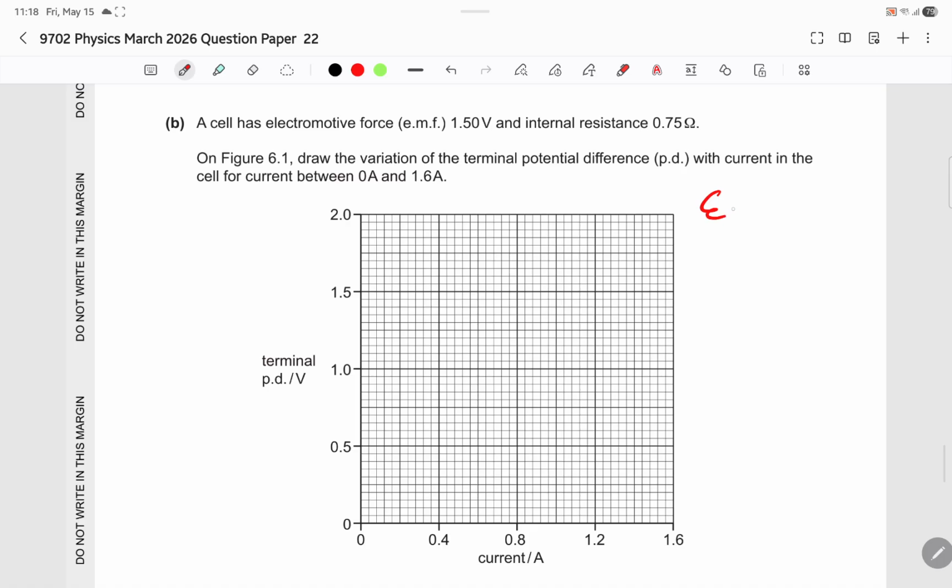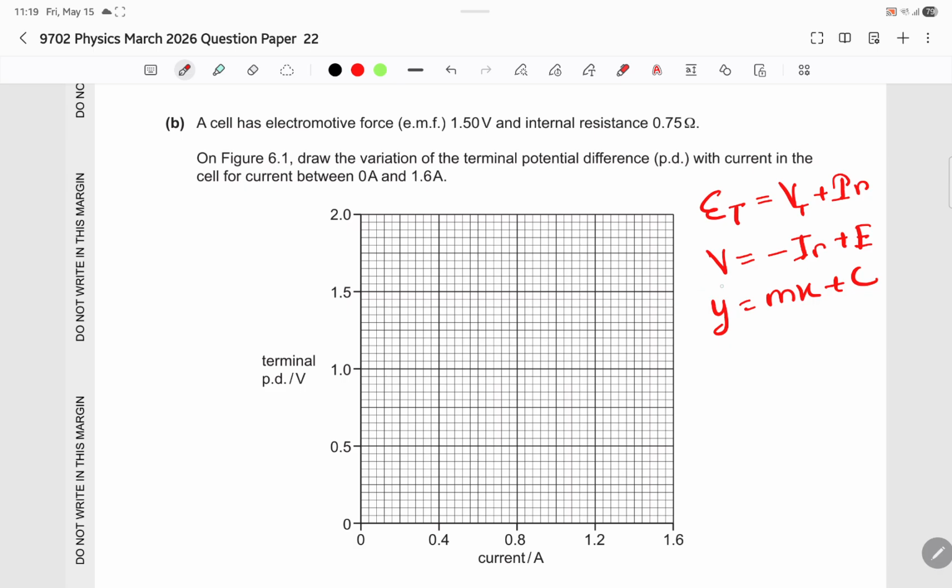So what is the formula for this? The EMF of the cell is the terminal PD plus the internal resistance term, I times R. If you rearrange this, V equals minus IR plus E. What I'm trying to do is convert this to the straight line equation, y equals mx plus c.